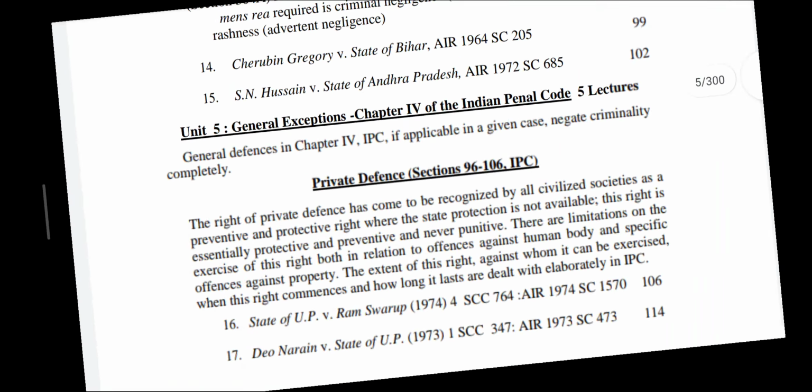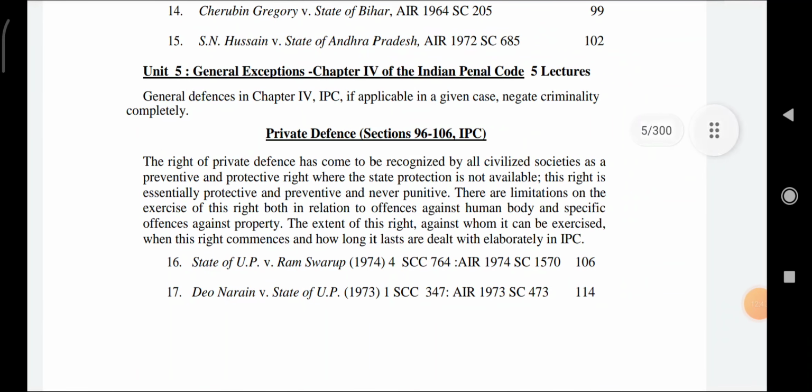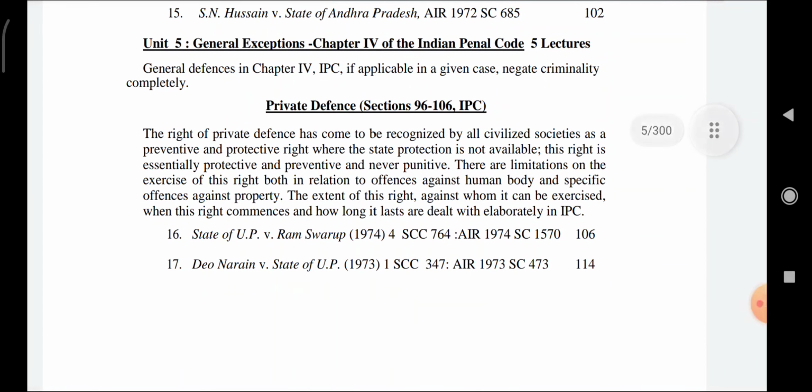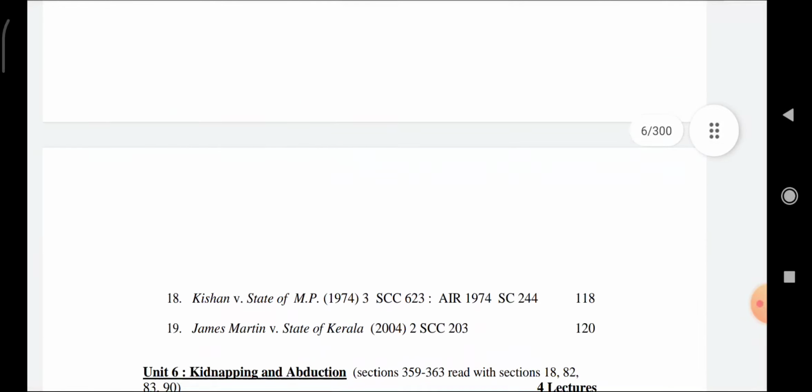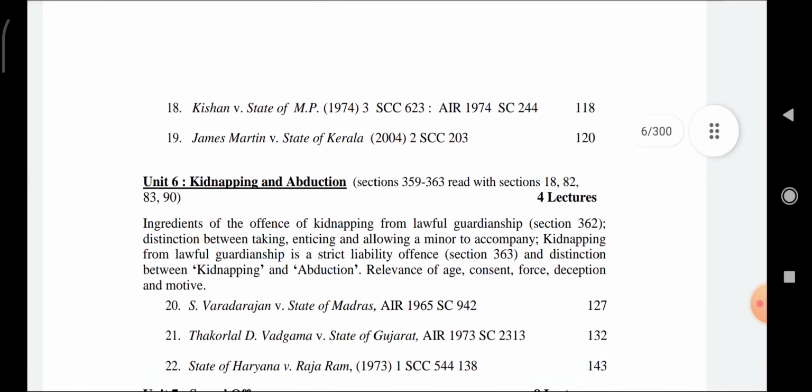There are some leading cases related to this: State of Uttar Pradesh versus Ram Swarup, Dev versus State of Uttar Pradesh, Kishan versus State of Madhya Pradesh, and James Martin versus State of Kerala.